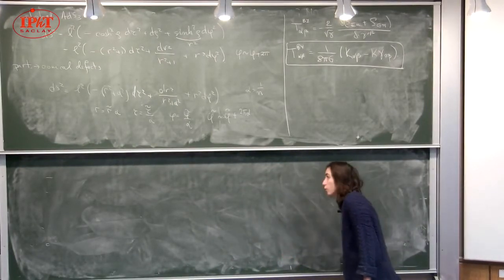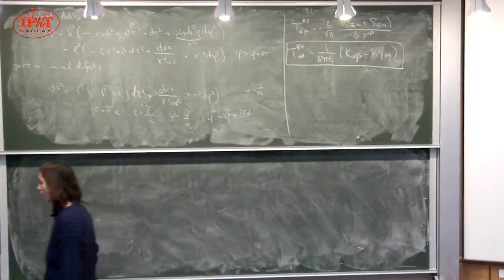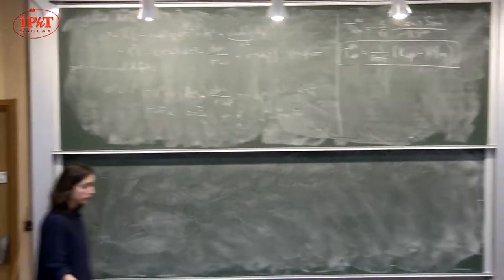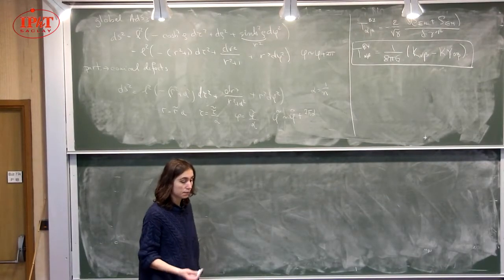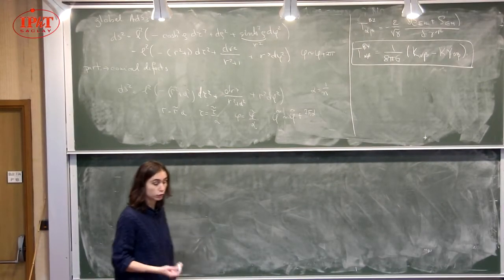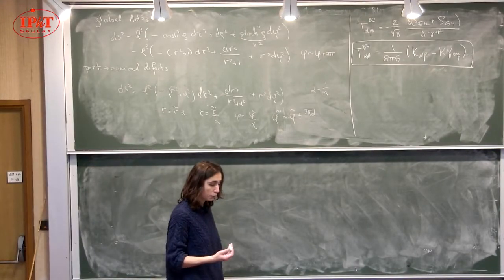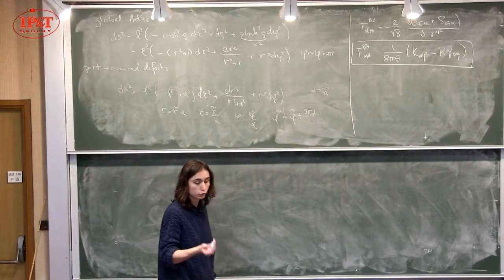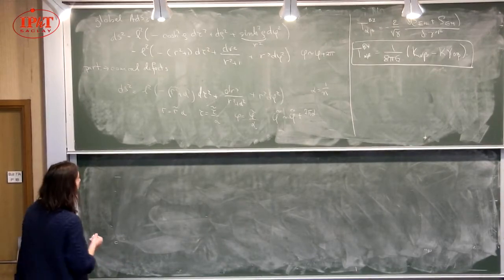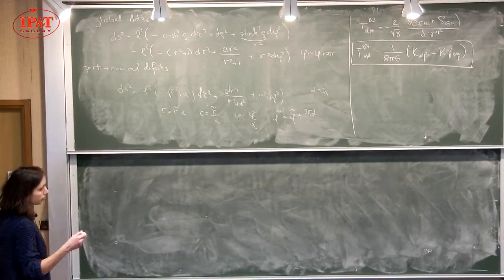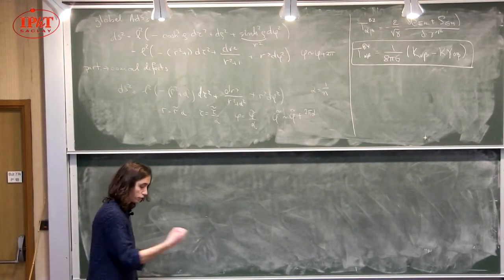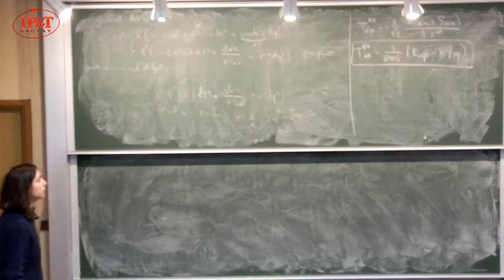And in order to give you a universal formula, I should tell you how I can write the most general ADS solution. It turns out that there's a very simple formula for the most general solution to ADS3 gravity, which is obtained by solving the equations of motion order by order in the radial coordinate.